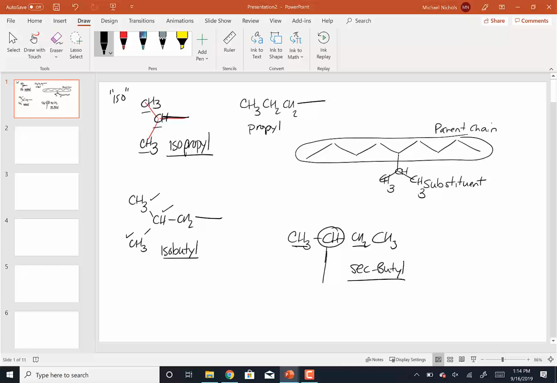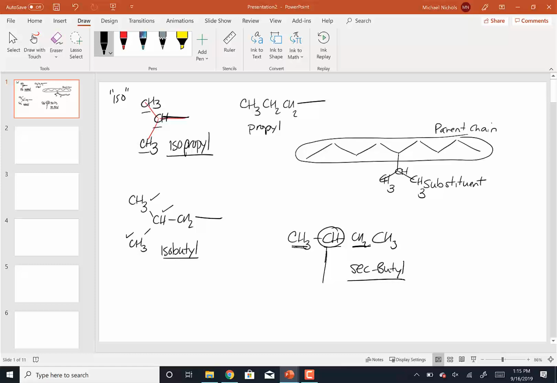No, once we get to sec butyls and tert butyls, it's just that group. So this is not iso, because iso would have to be CH3, CH, CH3, and it is not. So this is a sec butyl group.